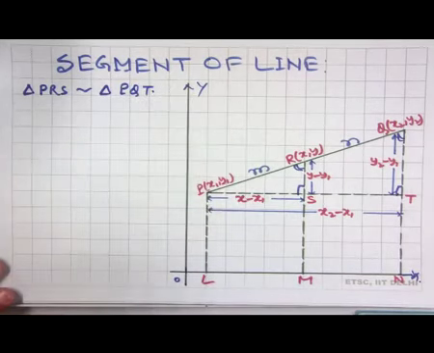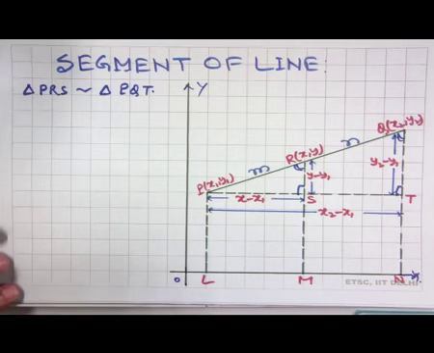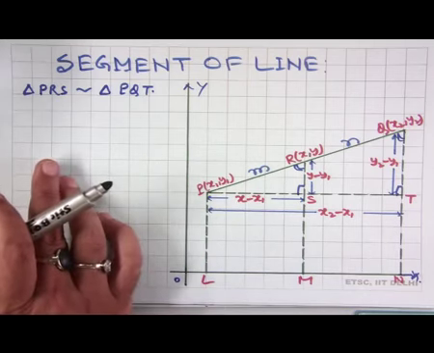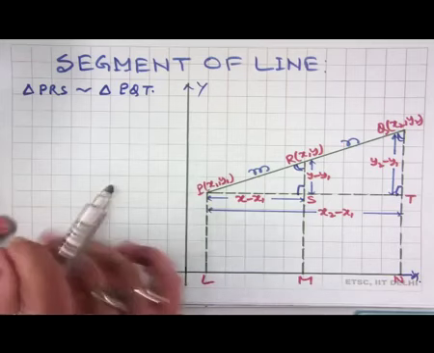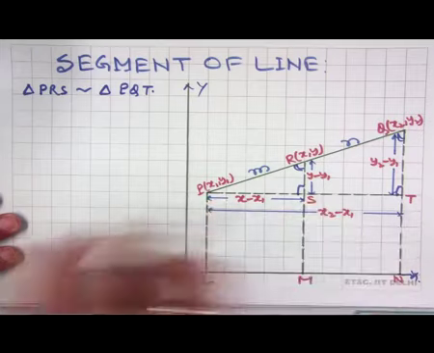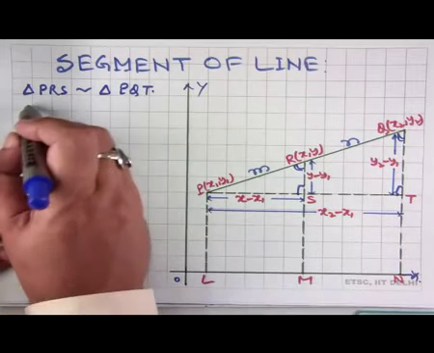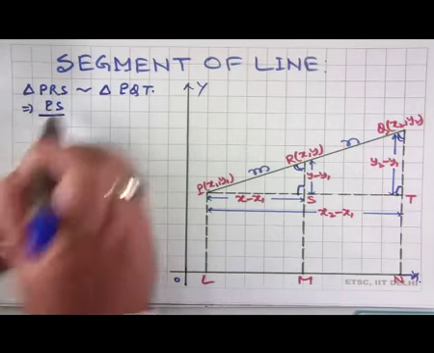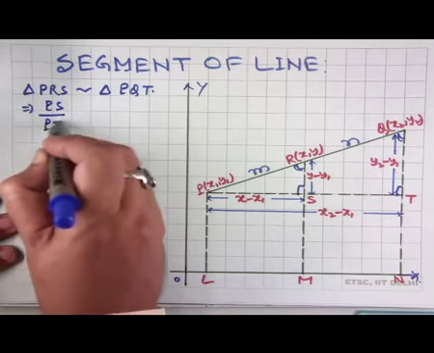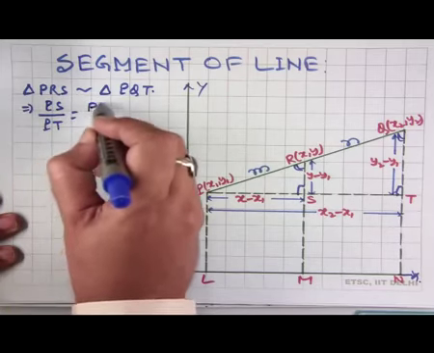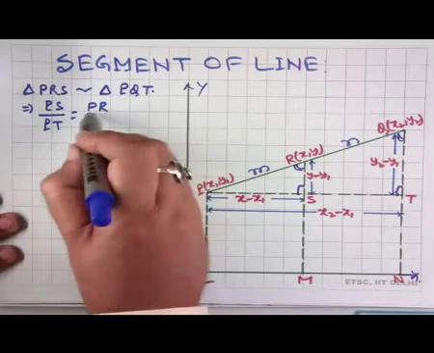Now, if two triangles are similar, then their corresponding sides are proportional. So PS by PT is equal to PR by PQ.